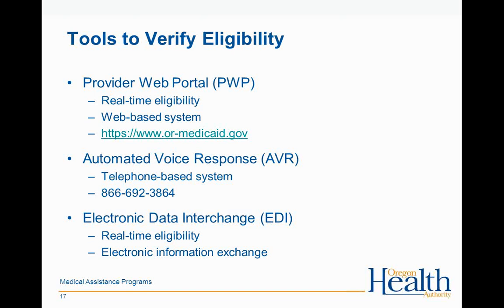Unlike that, the automated voice response actually requires that PIN every time you call in. We also have electronic data interchange. This is real-time eligibility, where our systems are basically communicating with each other, and you're sending over a batch of clients that are coming in, and we're sending back a batch that says, okay, here's the one that's eligible, that type of thing.